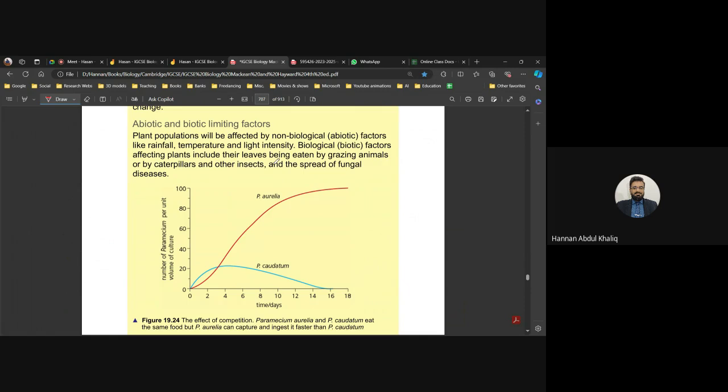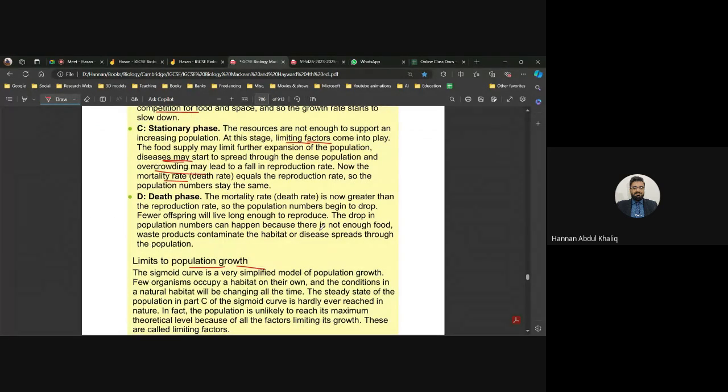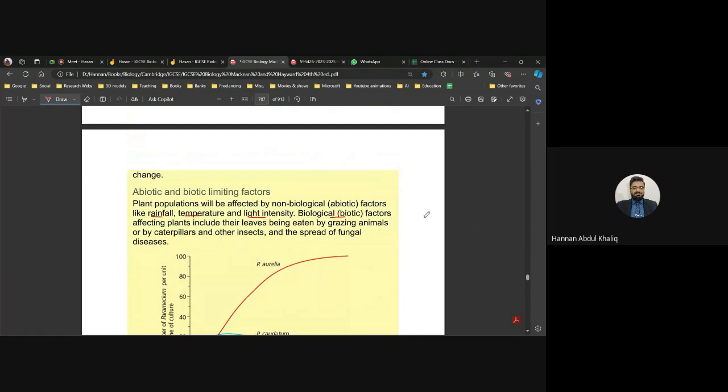In abiotic limiting factors, rainfall, temperature, light intensity can affect the population size. You know why we are again looking at the factors? Because these factors are specific to the sigmoid curve. Those were just a general discussion. Remember, these factors are related to the sigmoid curve, so you must remember this.